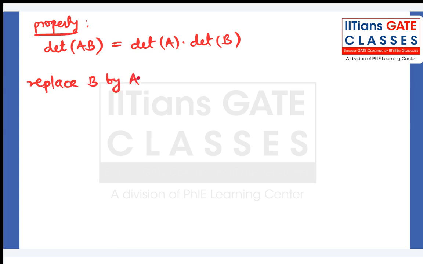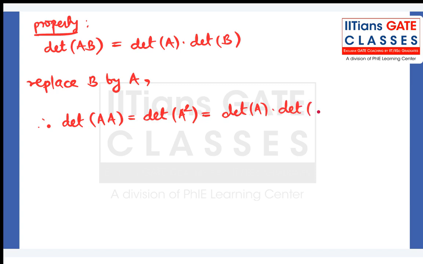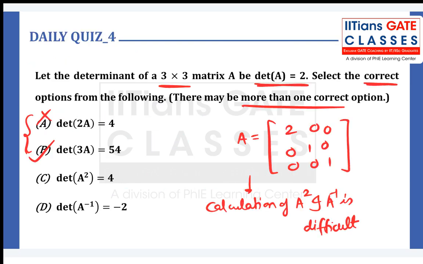Then you get determinant of A into A, which is A square, equal to determinant of A into determinant of A. It is given as 2, so it will be 2 into 2. So determinant of A square should be 4. Yes, so it is correct.